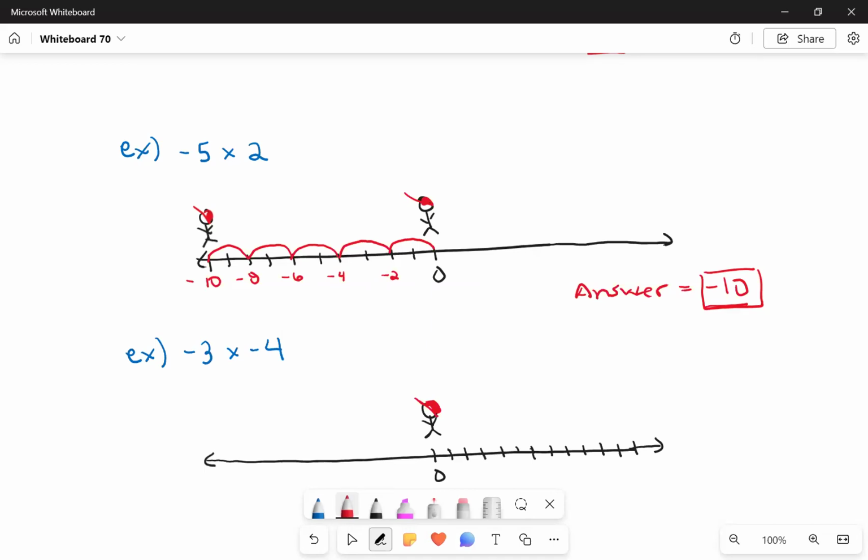So we go 1, 2, 3, 4. Here, there's our first landing, and then 1, 2, 3, 4. There's our second landing, and then 1, 2, 3, 4. There's our third landing.